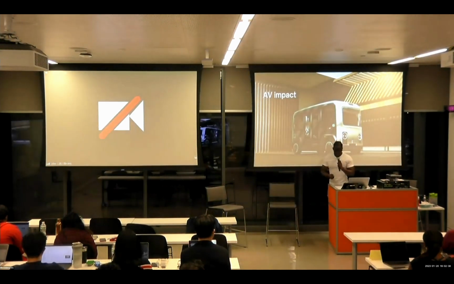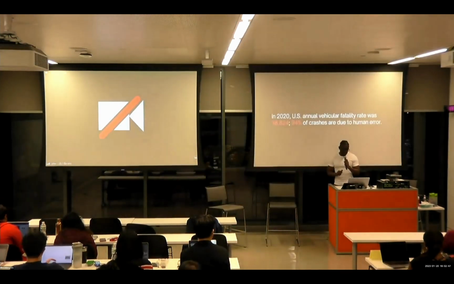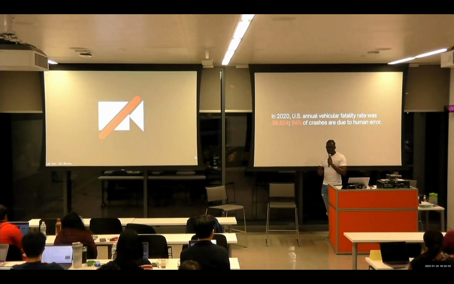With a quick look at the impact. The US annual vehicular fatality rate is 38,824. And 94% of crashes are due to human error.